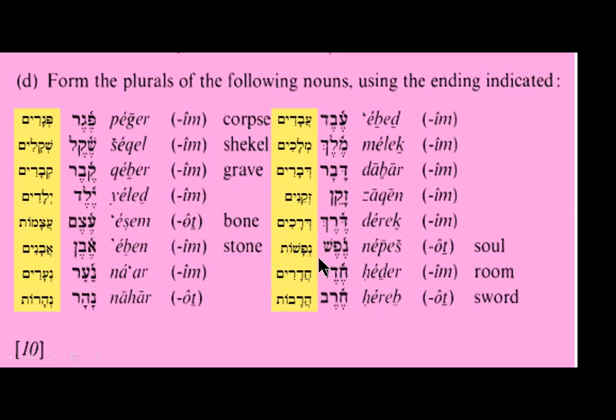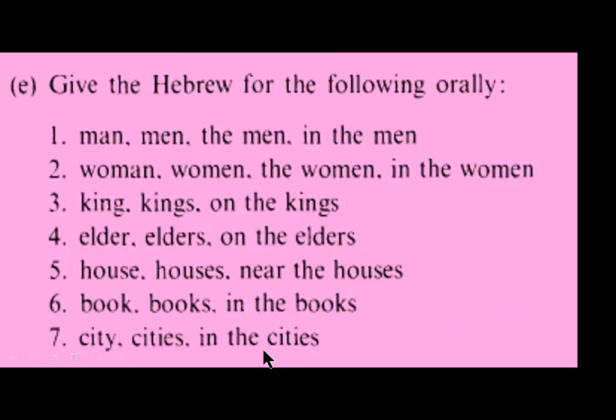Nefesh is going to be nefashot. Okay, this is souls. Many souls is nefashot. Cheder is room, so it's going to be chadarim. Good. And the word for sword is cherev. Plural is going to be with the feminine, it's going to be cheravot. Perfect. Okay. All right.